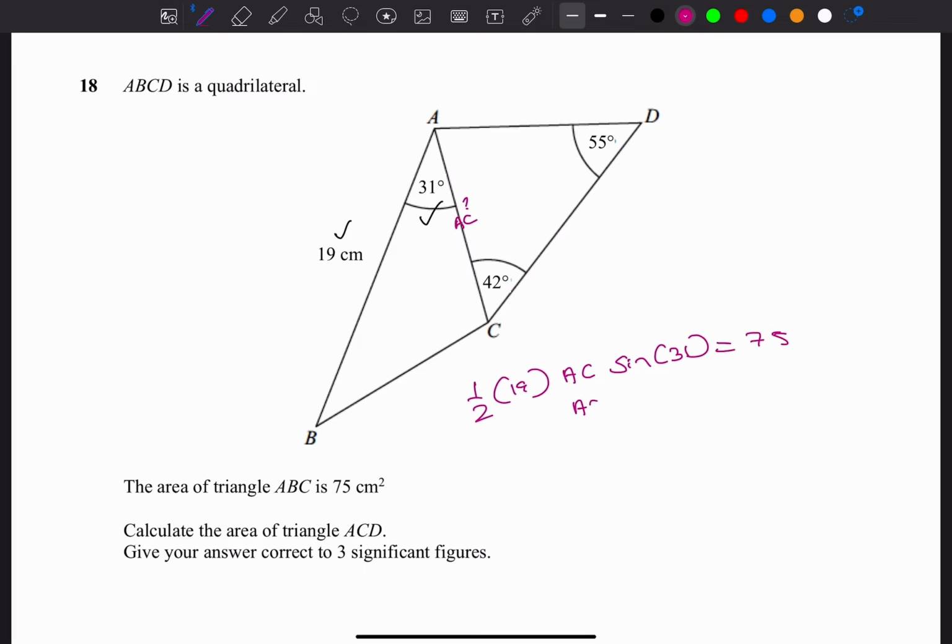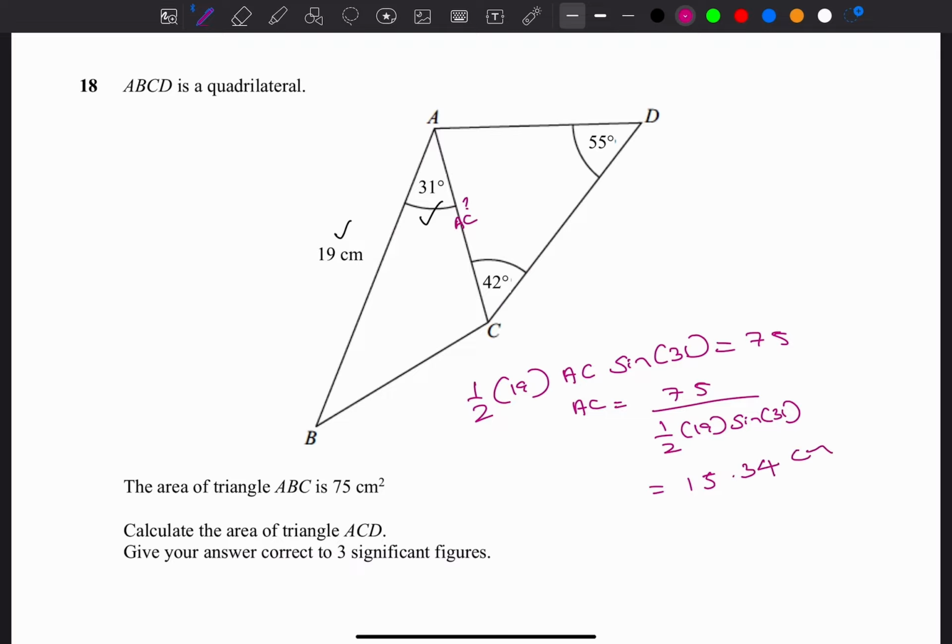AC is just divide the whole thing. 75 over half times 19 times sine 31. That will give you 15.34.